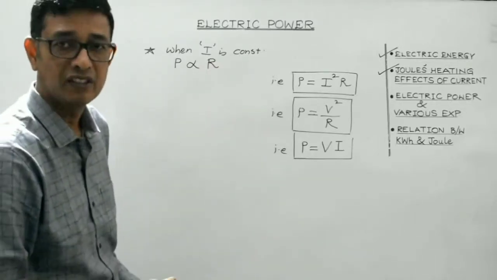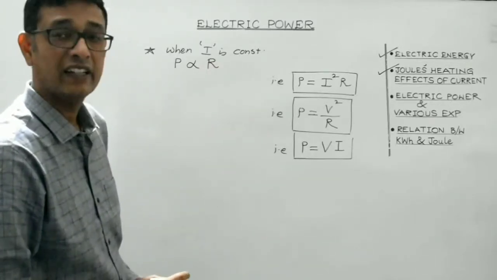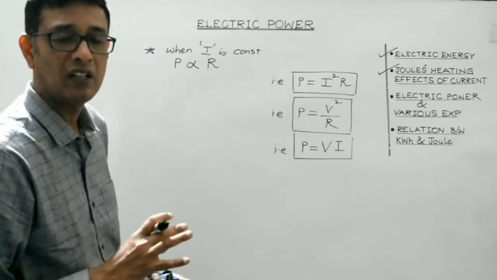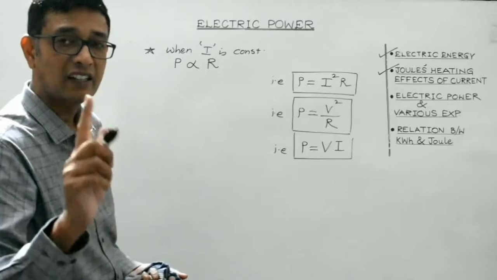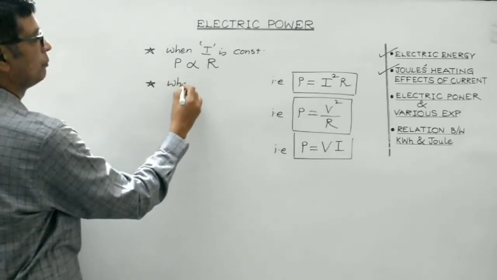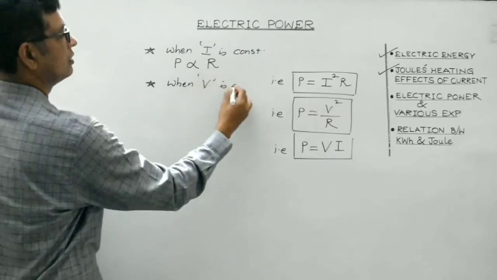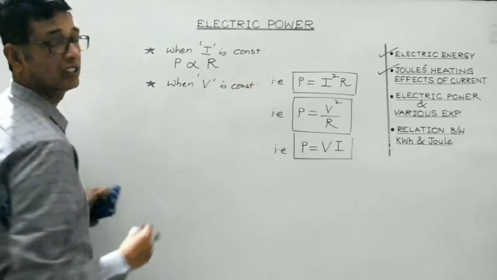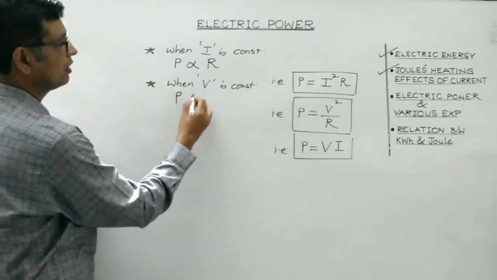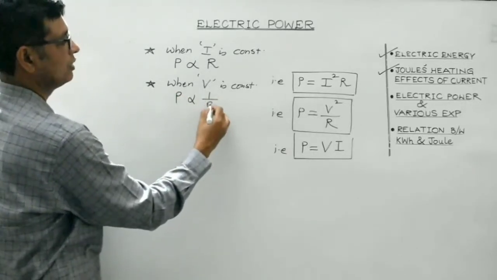Power of an electric circuit or power of an electric device will be directly proportional to the resistance offered by its coil only if the current is constant, and if potential difference is constant across the electric circuit or across the two ends of an electric device, then power is inversely proportional to the resistance.